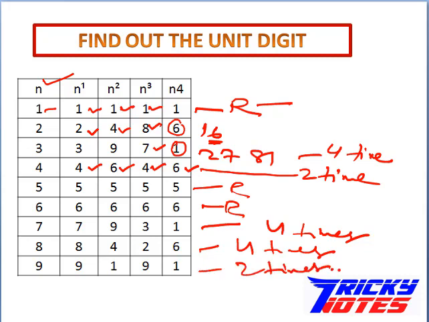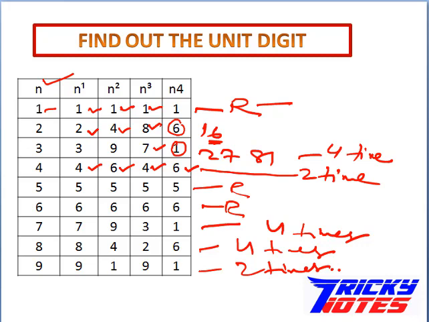So most of the time we can see a number is repeated either every time, or after 2 times, or after 4 times, so overall it repeats after every 4 times. We need to remember this. So the unit digit of 2 to the power 1 is equal to the unit digit of 2 to the power 5.